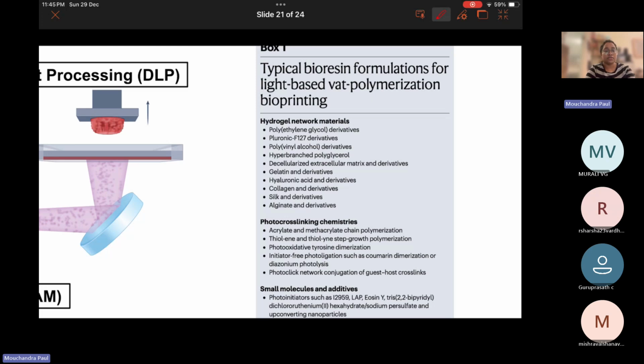If the material is not photo cross-linkable, if the solidification does not happen in response to light, then you cannot use it as easily, because here light is directly coming in contact with your biomaterial and causing the material to transition into a solid structure. So the material must respond to light.